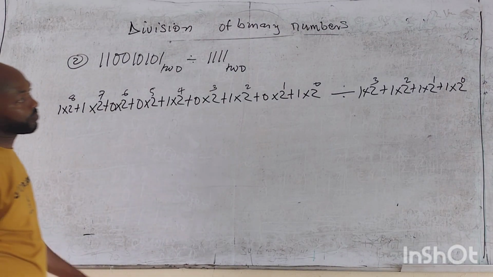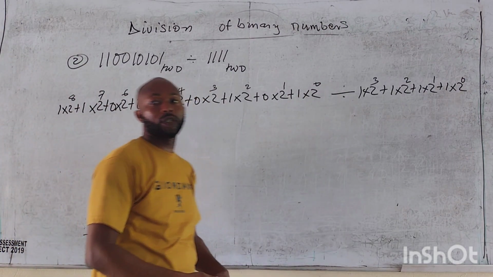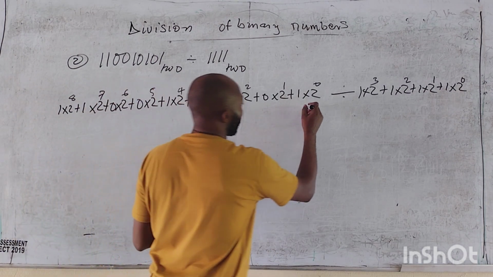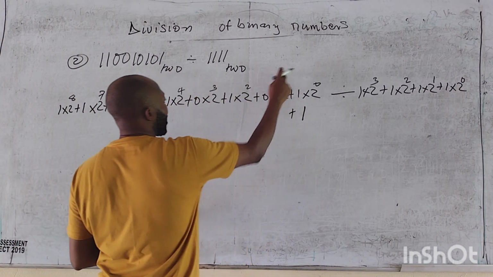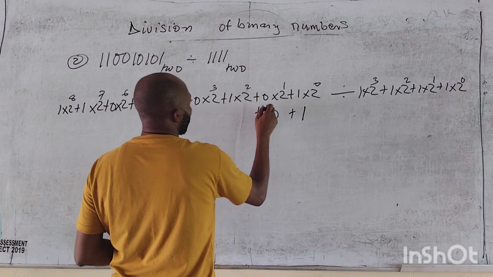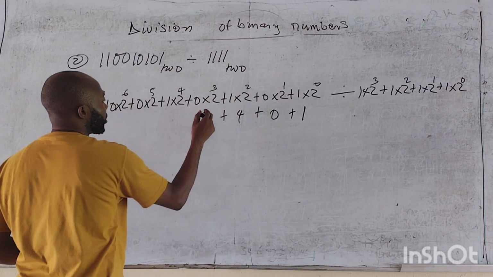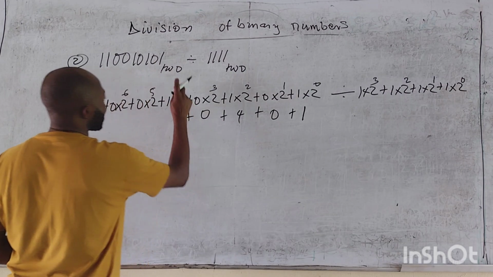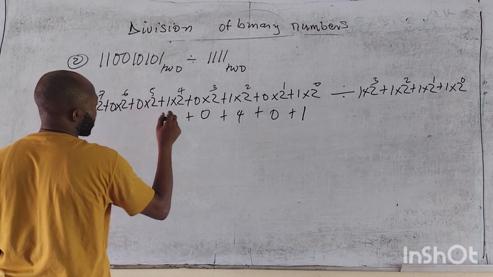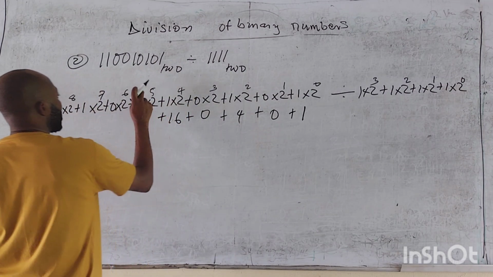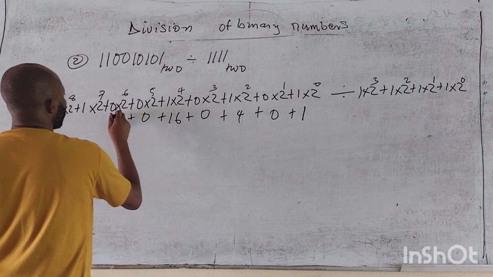Let's see what we do. 2 raised to the power 0 is 1, 1 times 1 is 1. Plus 2 raised to the power 1 times 0 is 0. 2 raised to the power 2, 4 times 1 is 4. Plus there is 0 here, 0. Plus 2 raised to the power 4, 16 times 1 is 16. Here 0, 0.